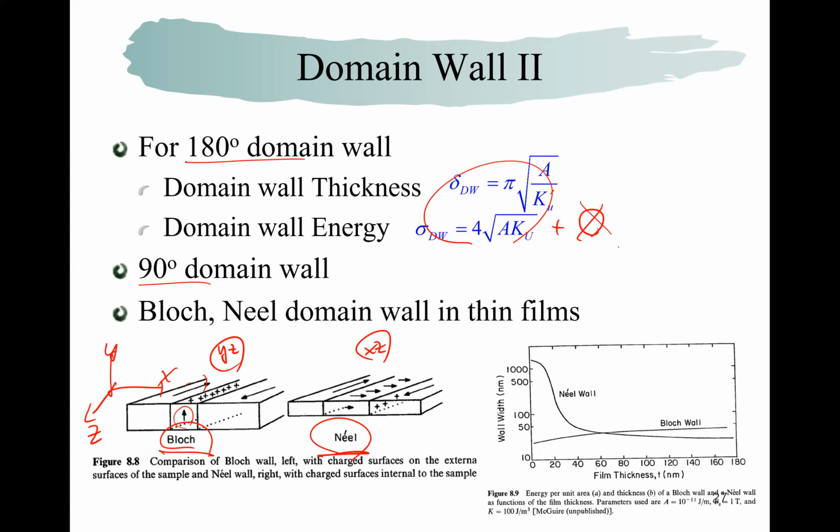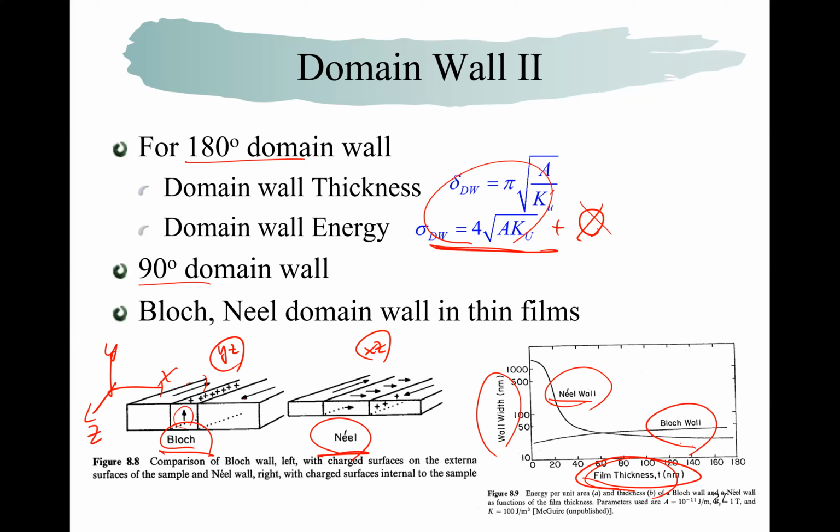So usually we say the domain wall energy is this equation. But if you consider the film thickness, this is general. In thin films, the Néel wall has the smaller energy. Here, this is the wall width, not the energy, but in the sense of the energy, the Néel wall has the smaller energy for thin films.